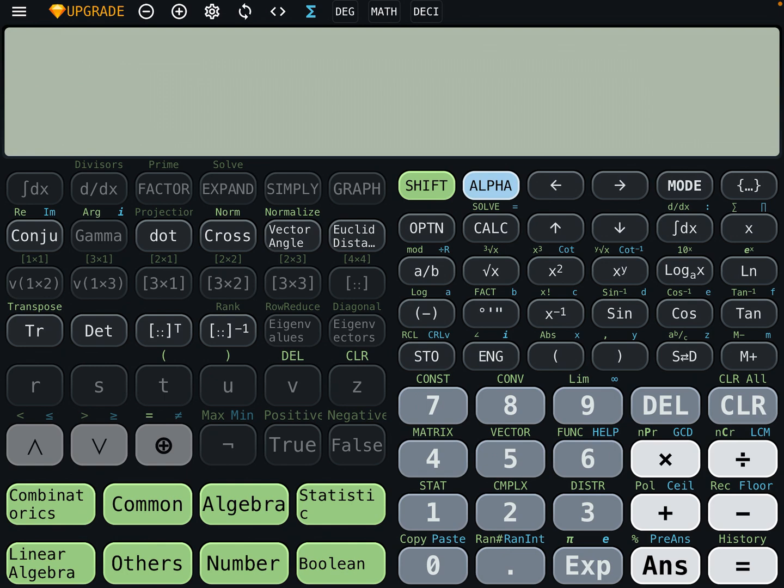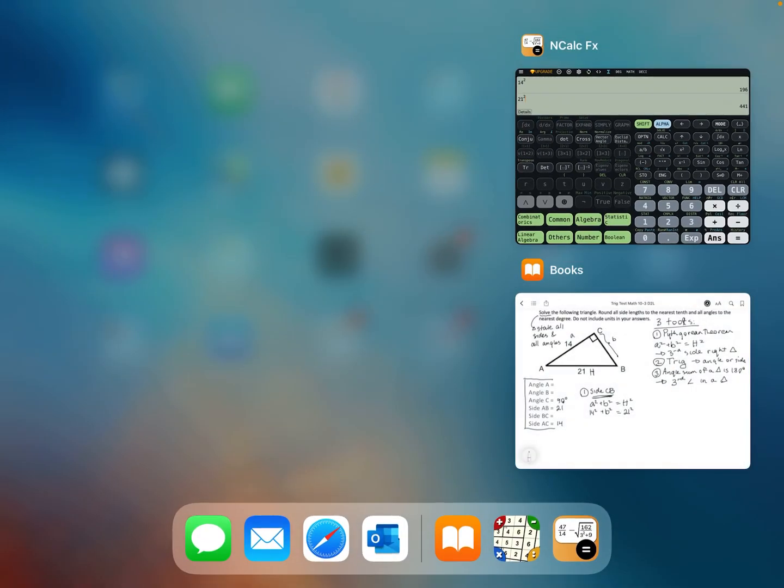And you may have a squared button on your calculator, or if you don't, you can just write 14 times 14. So 14, I have a squared button, it's right here. Squared is 196. 14 squared equals 196. And 21 squared equals 441. Okay, so 196 and 441.